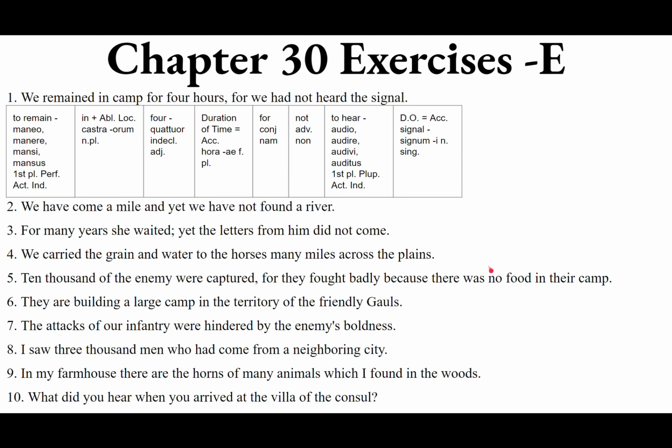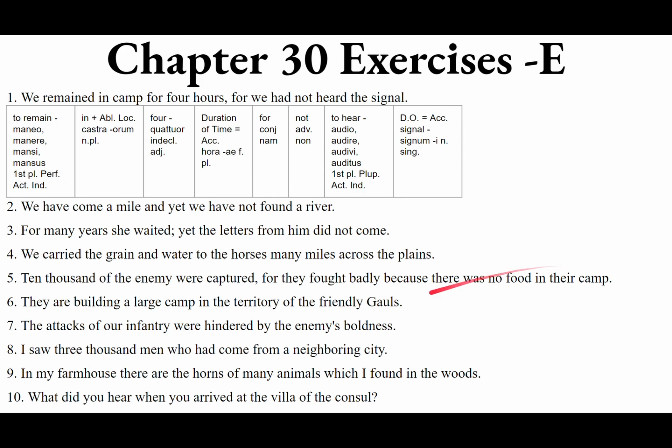Quod erat nihil cibi in castris. Altogether, quinta could sound something like decem milia ex hostibus capta sunt, nam male pugnaverunt, quod erat nihil cibi in castris.